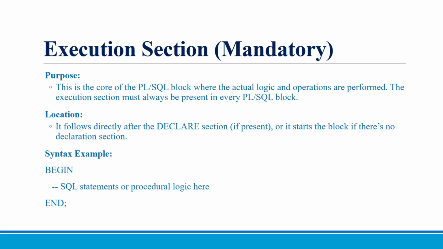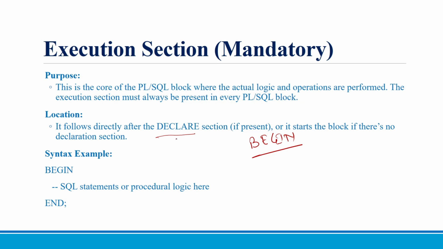Next is the only mandatory section, that is the execution section. We don't write execute, we write it with the begin keyword. All the actual logical operations are performed within the execution section. As the name implies, it is the execution section, and it is mandatory, meaning you can't avoid it. It follows directly after the declaration section.